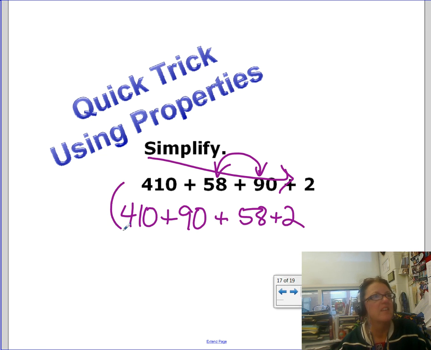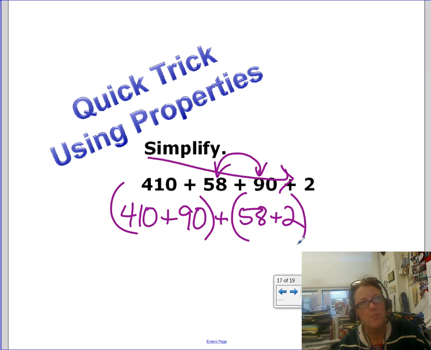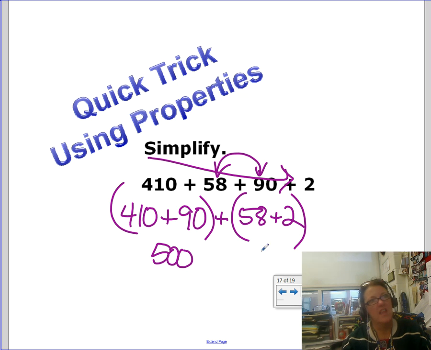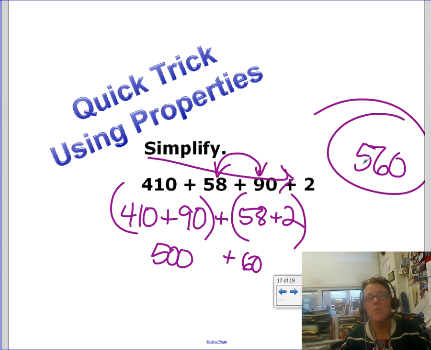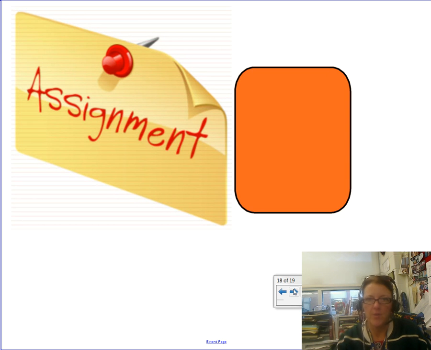And then I'm going to use the associative property to say, let's do these two together, and let's do these two together. And now I get 560. It's a way more efficient way than taking 410 plus 58, that gives me 468, and then add 90, and then you get 558, and then add 2 more. It's way easier if you find the easy ones that have 10s in them when you're adding. Now we're cooking with gas.